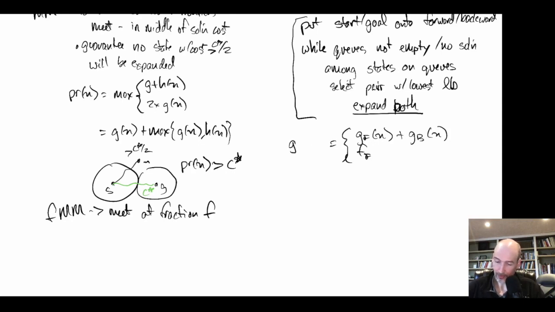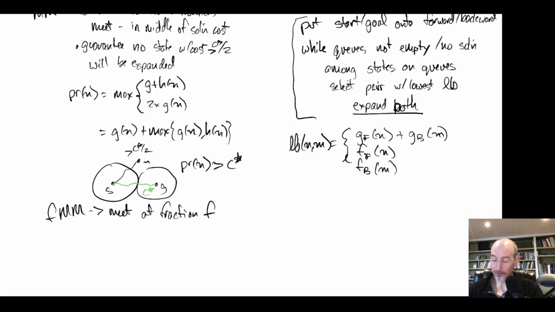This is the lower bound between N and M. It's the forward G cost of N plus the backwards G cost of M, the forward F cost of N, and the backwards F cost of M.